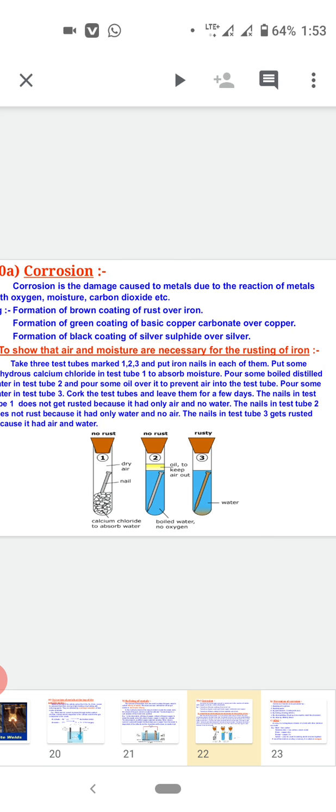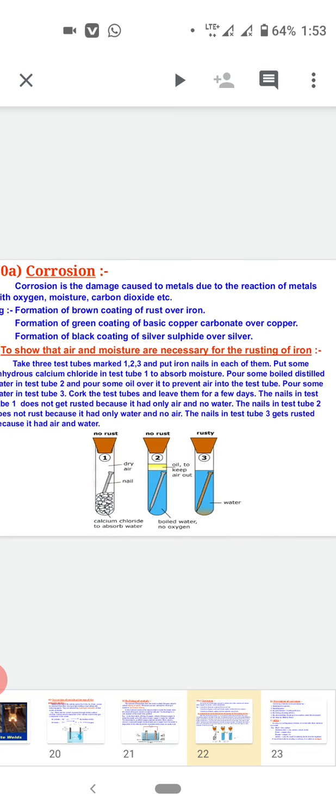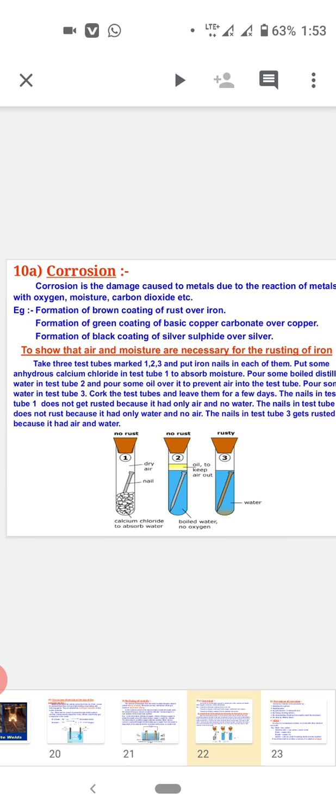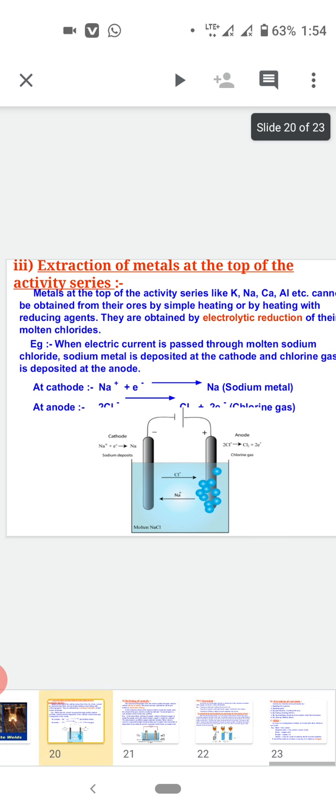And the nail in test tube 3 gets rusted because it has air and water. So, this proves that air and moisture are necessary for rusting of iron.